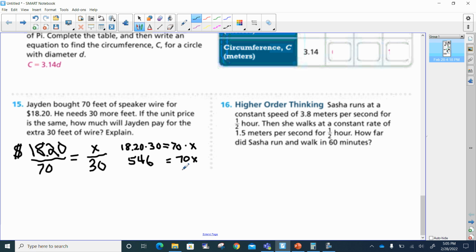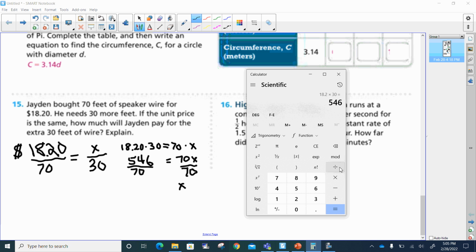Now I have to divide 70x by 70 to get x by itself. And whatever I divide on one side, I have to be willing to divide on the other because that's fair. So now I'm taking 546 and dividing it by 70. And that's 7.8.